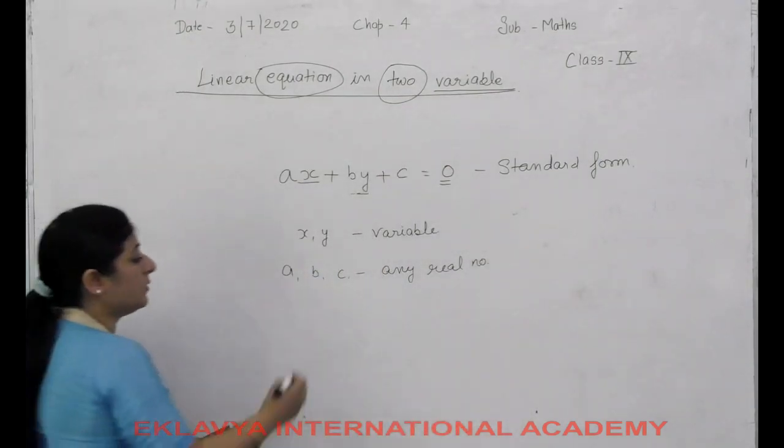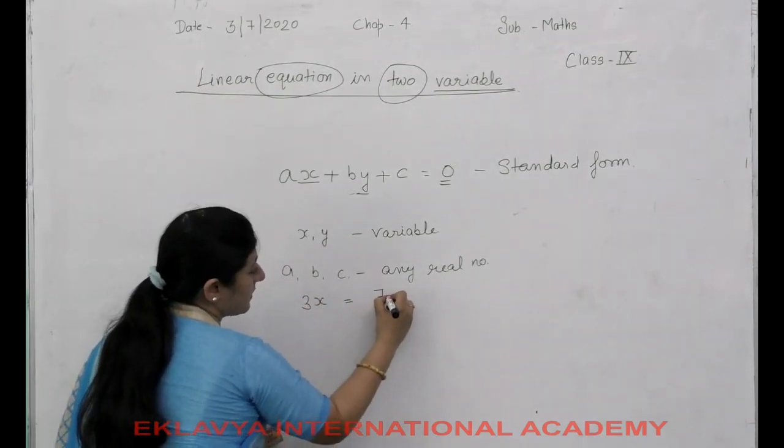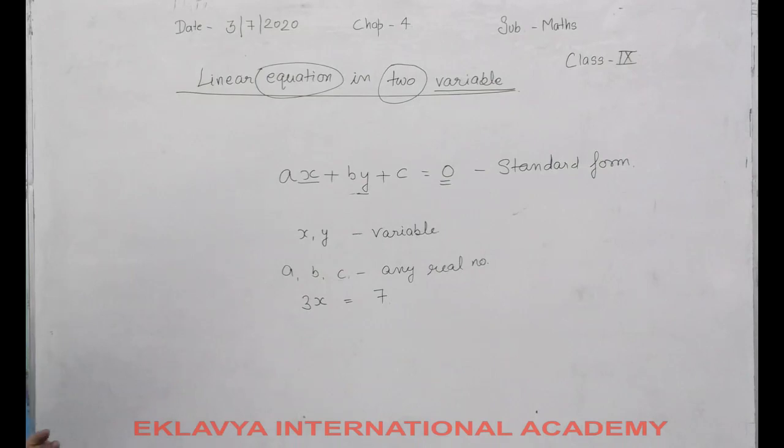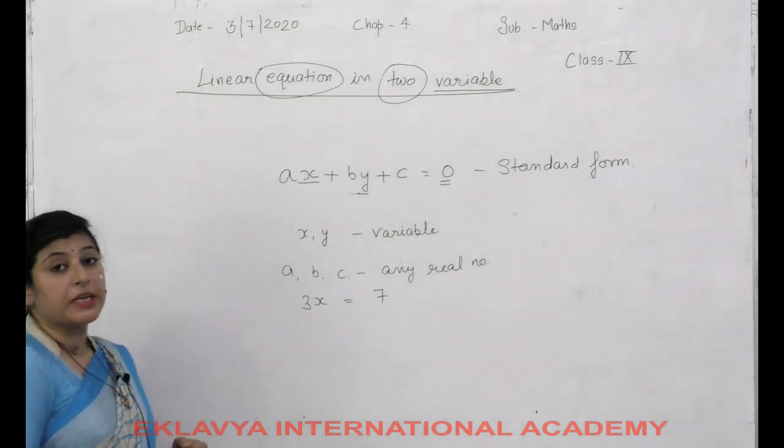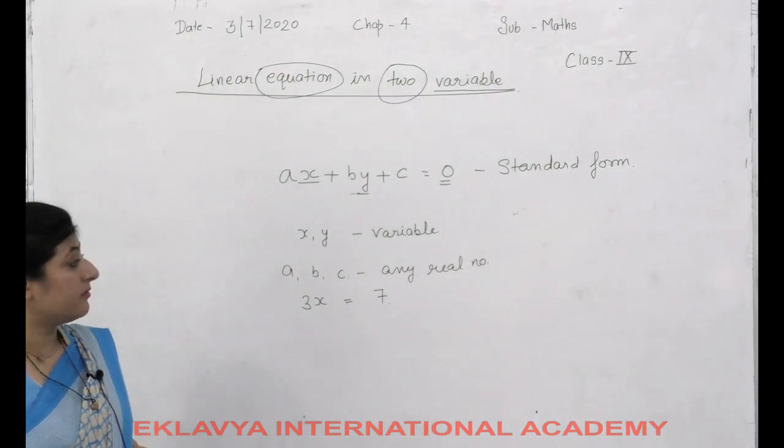Suppose I write down 3x is equal to 7. Now you can say that there is only one variable, then how can we compare with the standard form of two variables?